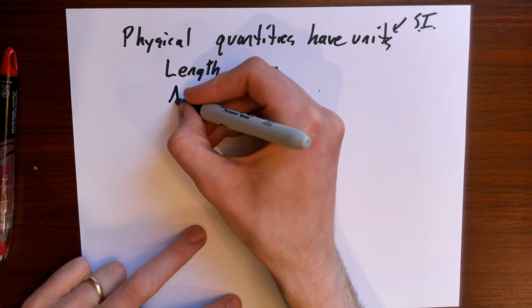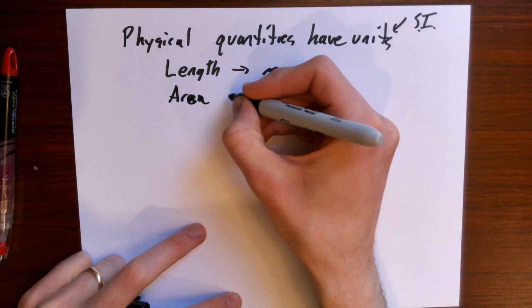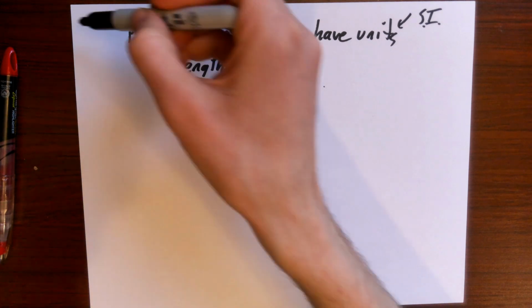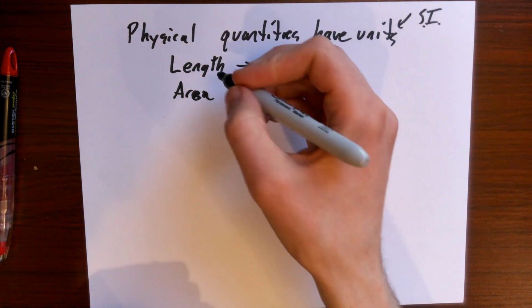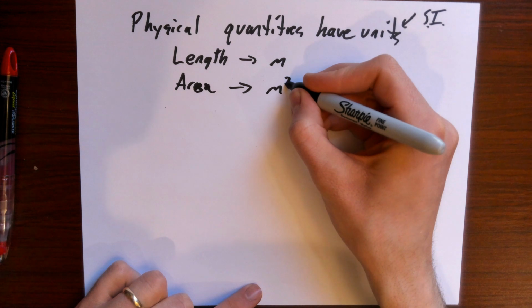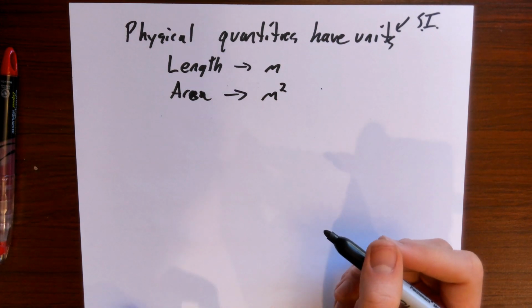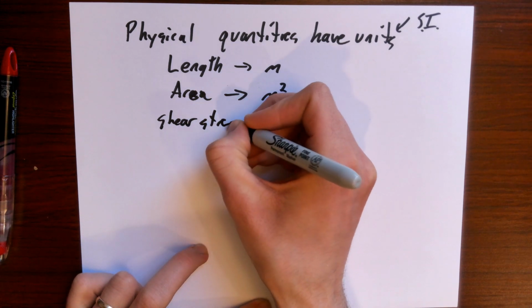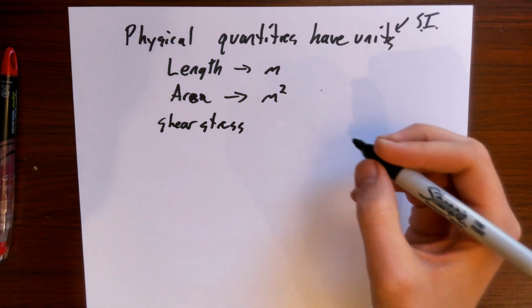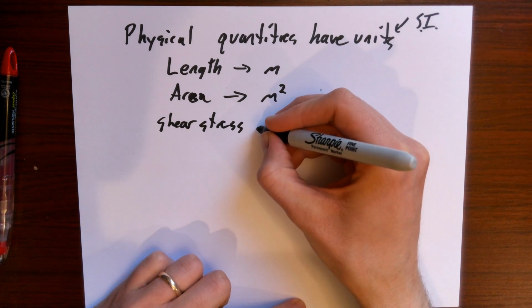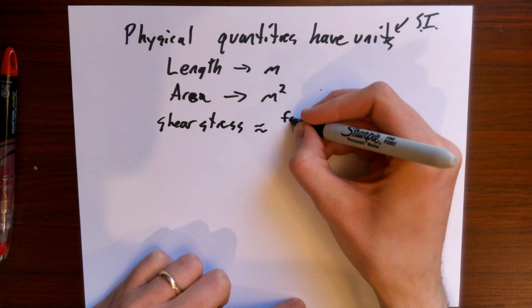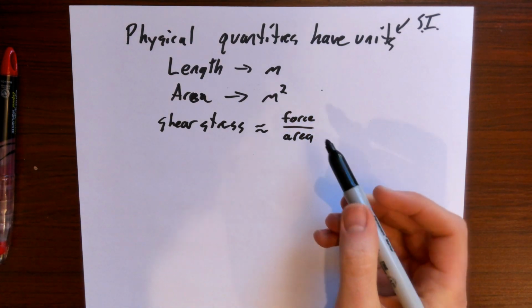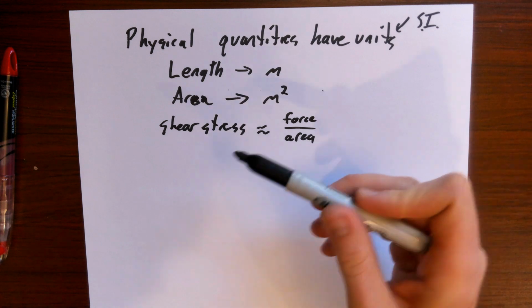If I think about area, the area of this sheet of paper I would get by multiplying the lengths of the two sides. So units of area would be meters squared. Shear stress is essentially a force per unit area. If you dust off your biomechanics notes, shear stress is the force divided by the area.